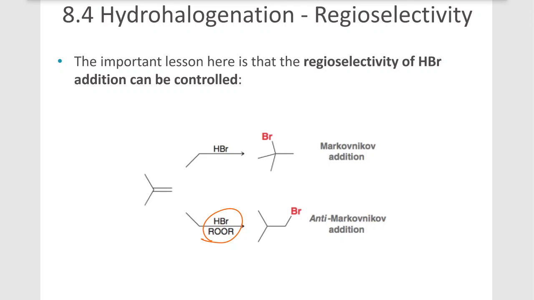But for HBr, you get anti-Markovnikov addition if you have a peroxide in the reaction flask, and you get Markovnikov addition if you don't. So keep your glassware clean. You're going to get Markovnikov addition if you have traces of peroxide, or if you want the anti-Markovnikov addition product, you can use a peroxide catalyst.